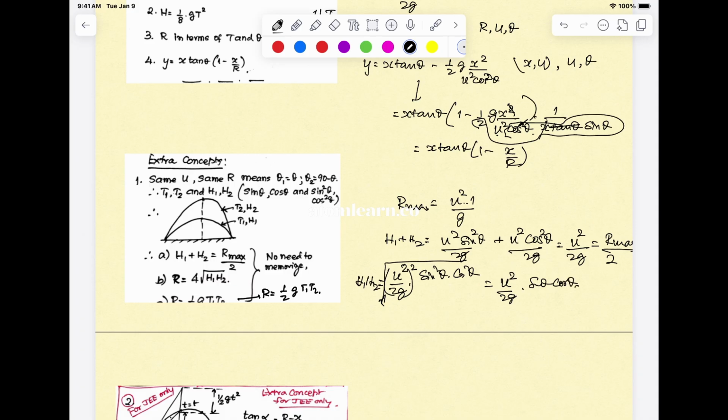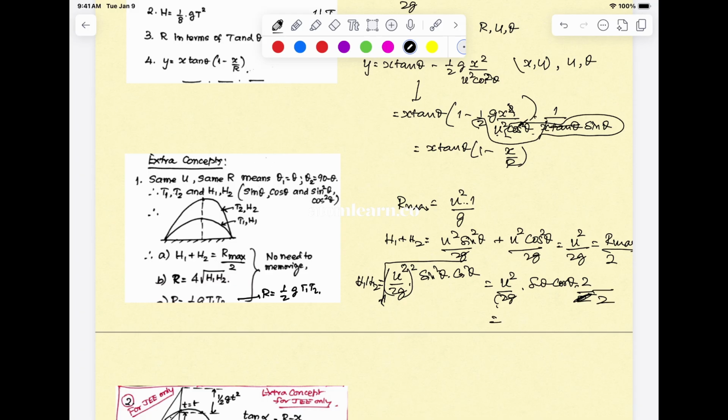Now, this can be written as multiply by 2 and then divide by 2. Don't divide by 2 because the 2 is already there, therefore just multiply by 2, and of course divide by 2 again in order to get this.